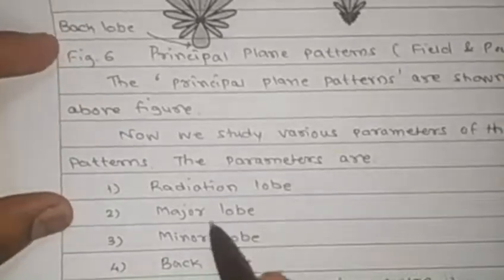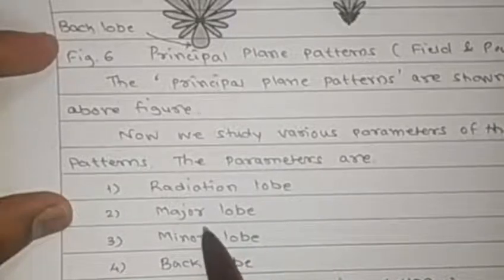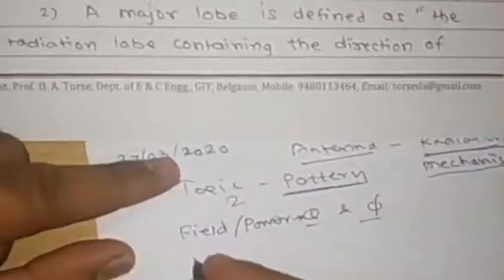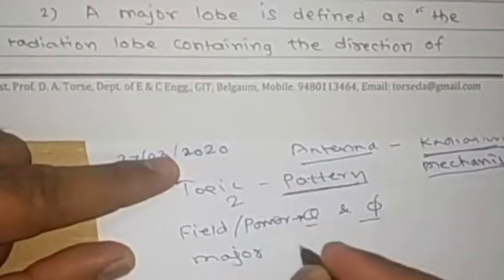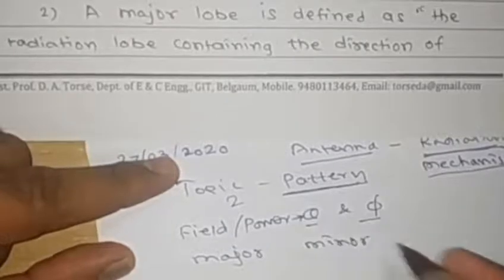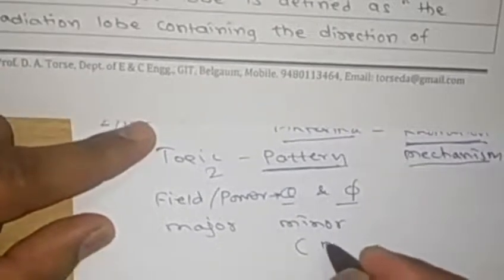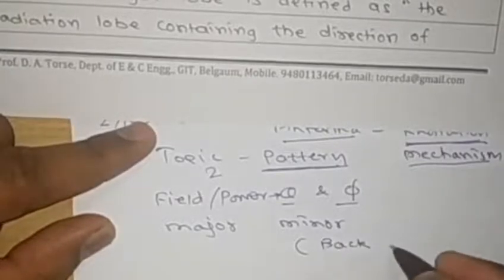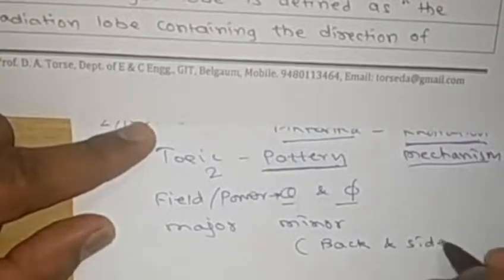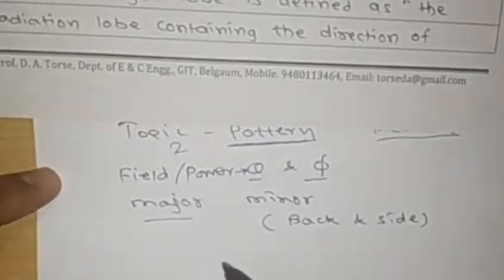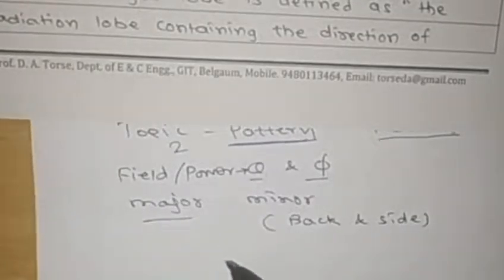So thus we can have two kinds of radiation lobes, major lobe and minor lobe. Minor lobe can be in the form of back lobe and side lobe, and major lobe indicates the direction in which the maximum radiation is happening.